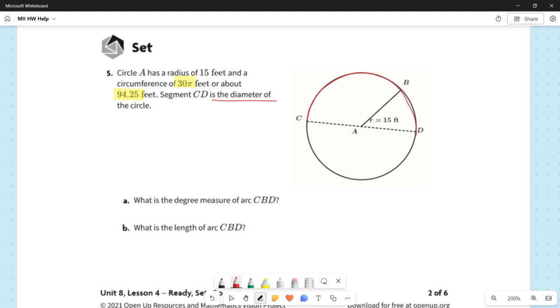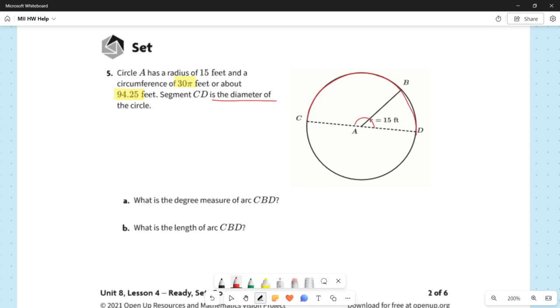Now, this is asking for the degree measure. Notice that this is not the same thing as the length. If you take a look at B, B is asking for the length. A is not a length. A is a degree measurement. And the degree measurement of an arc is equal to the measure of the central angle that intercepts that arc.